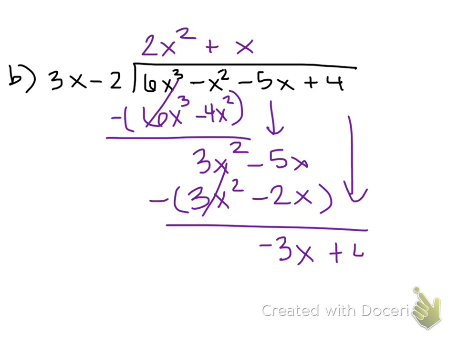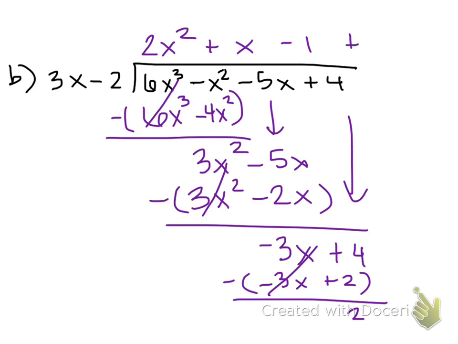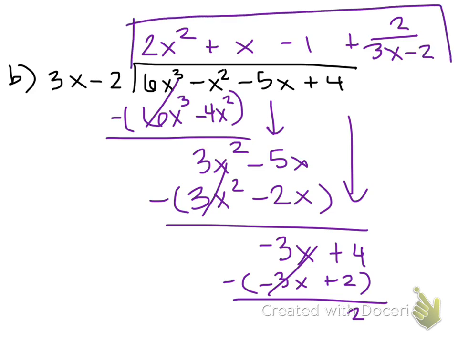Okay, then we drop the 4. So up here will be a negative 1. We distribute. And then we subtract. So they will cancel. 4 minus 2 leaves me with 2. So the way we would write our answer is plus 2 over the remainder of 3x minus 2. So this up here is your answer.